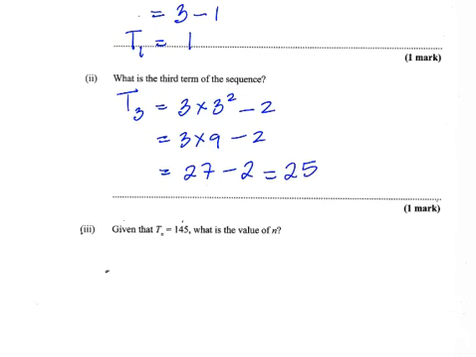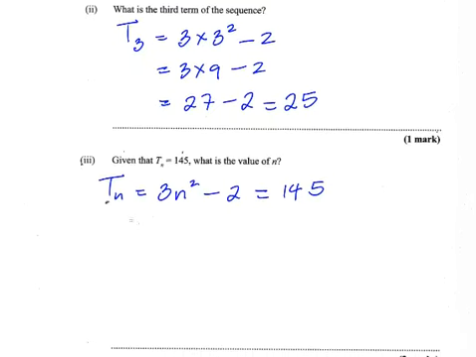So the nth term, which is Tn, is 3n squared minus 2, and it is equal to 145. So let's find out what is the value of n. So therefore 3n squared is equal to 145 plus 2. So 3n squared is equal to 147.